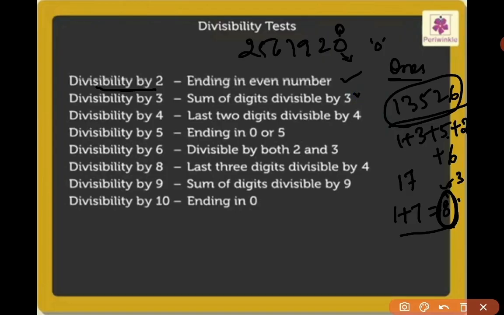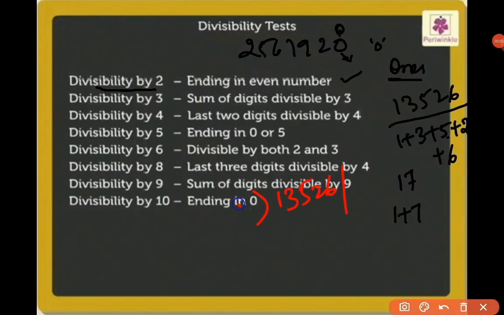You want to check whether 13526 is divisible by 3 or not? Check this one. 13526, if you divide by 3, 3 4s are 12, and 1 makes 15, so I'll take 5 down. 3 5s are 15. This is 0. Since I'm taking two numbers down, I'll put 0 here.